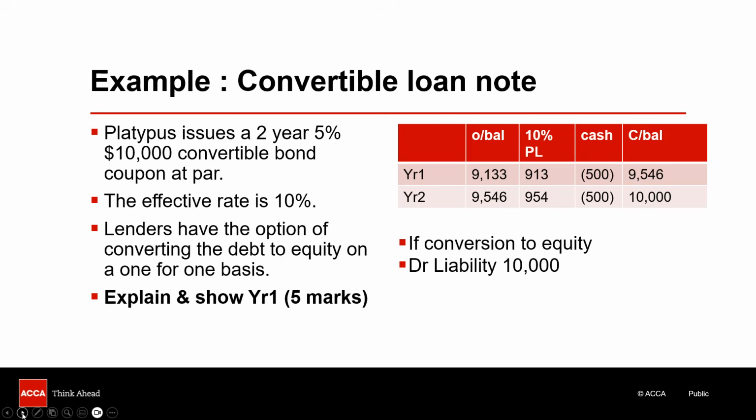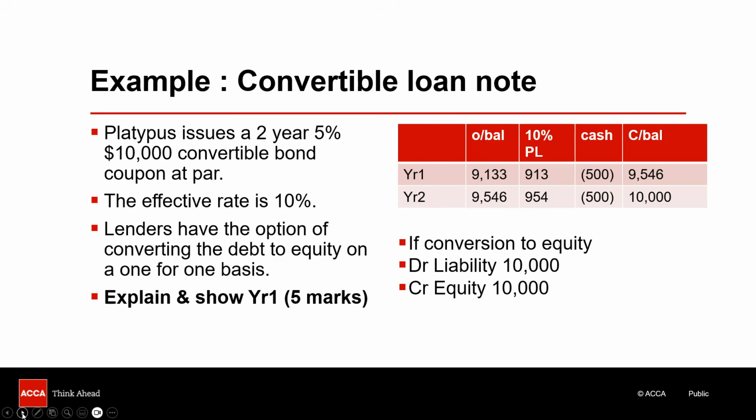Alternatively, if there is a conversion to equity, if the bondholders, the debenture holders, want the shares instead, then we still extinguish the liability. We still debit the liability and we're crediting equity. We're crediting share capital by 10,000.